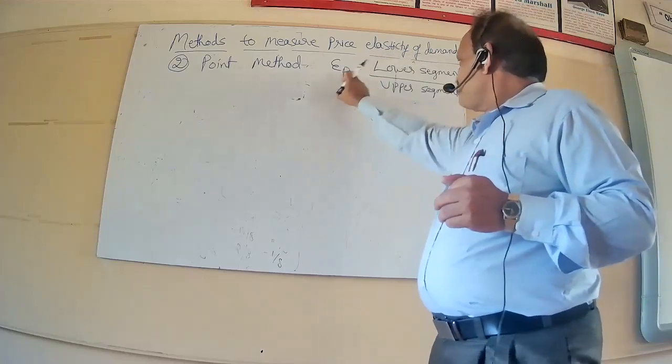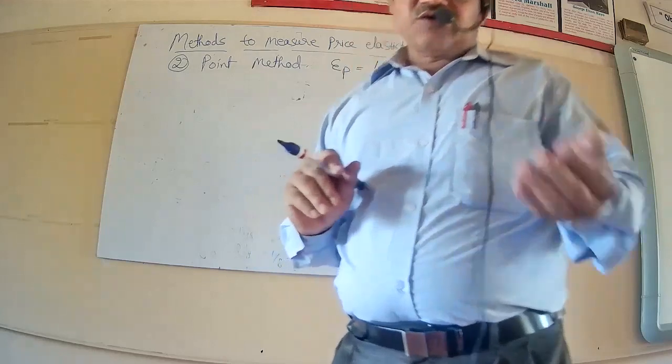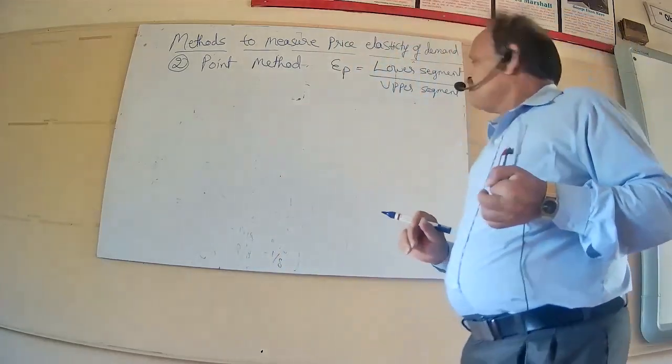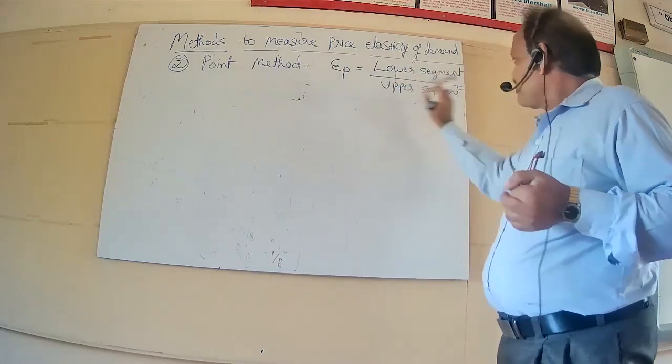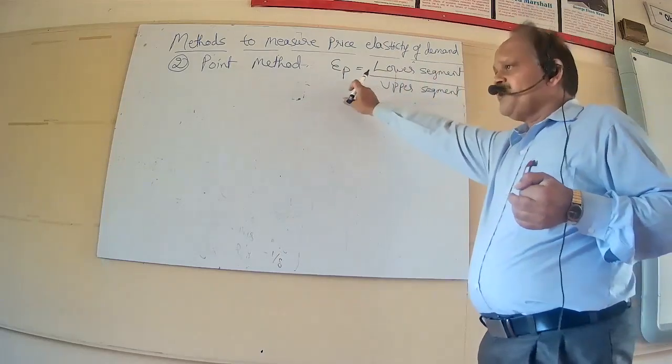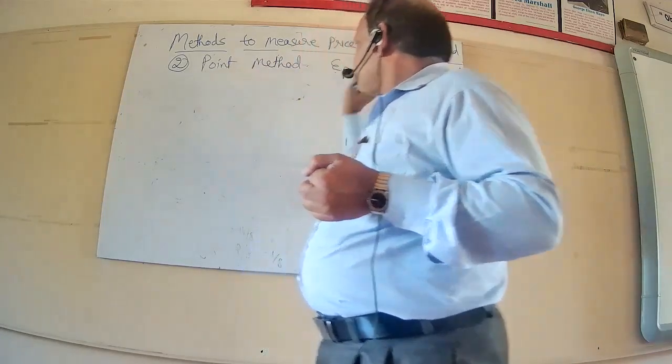Identify a particular point on the straight line demand curve and use this formula: lower segment of the demand curve divided by upper segment of the demand curve. This gives you the price elasticity exactly at a particular point of the demand curve.